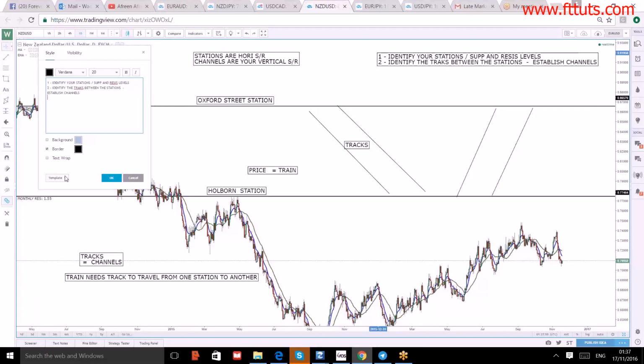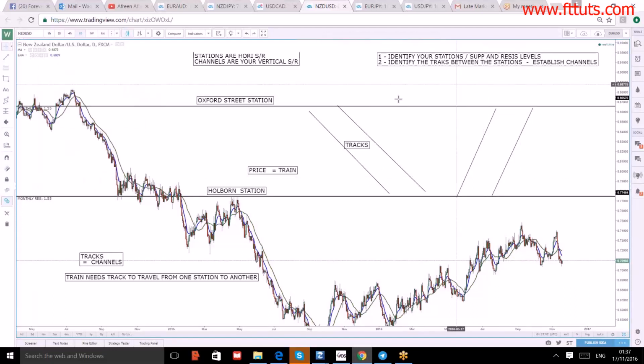Okay, great. Guys, this is how you can jump on the train. This is the way you can capture the price action. By train I mean the price. That is how you can follow the price.